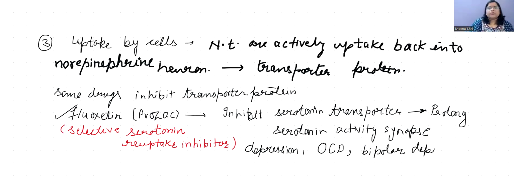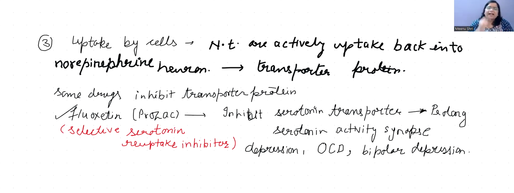So in this lecture, we have studied the mechanism of action. I will summarize. Regarding the mechanism of action, neurotransmitters can act directly or indirectly. Directly, they can act on ionotropic receptors and open or close particular channels. Indirectly, they can act by second messengers. The removal of neurotransmitters can proceed by three mechanisms.